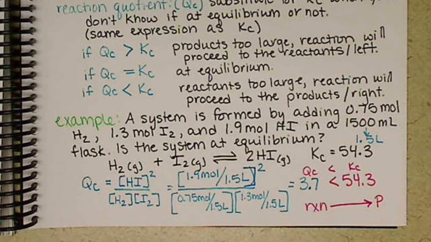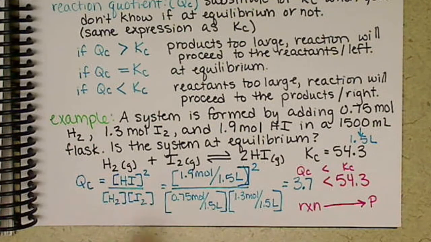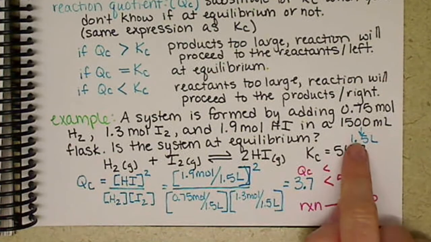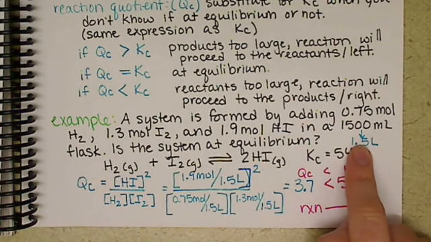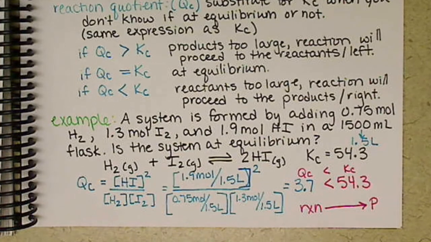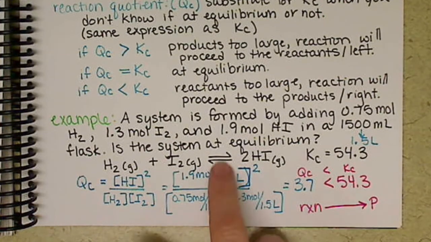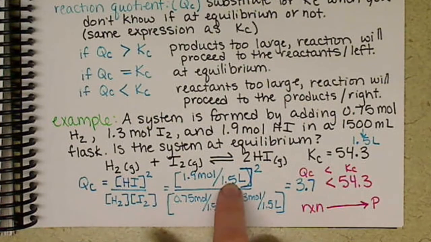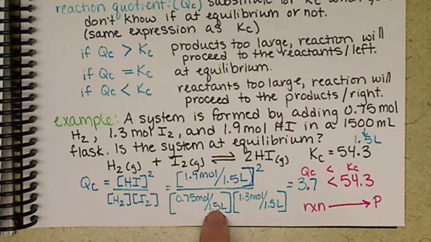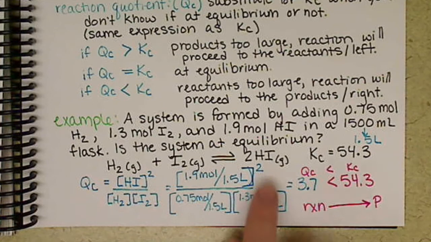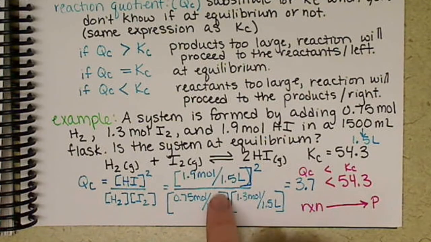Now, some of you might be asking, well, I put this into my calculator without the volume and I still got the same answer. In this case, you got lucky because you had 1.5 in the denominator here squared, and then 1.5 and 1.5 also down here, so they happen to cancel each other out in this example.